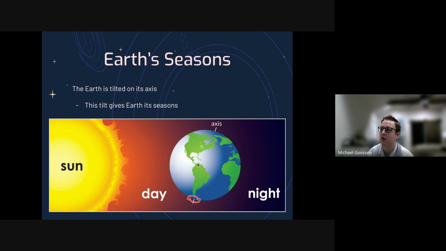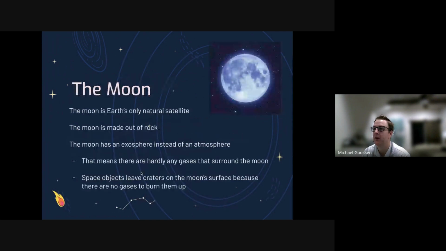But as the Earth goes around the sun, it's going to keep that tilt facing this way. So if my head is the sun and here's Earth, it goes around and now it's over here. Okay, and it's still tilted up towards the top there. Now the top is facing the sun more. So that means the top will be in summer and it'll get more daylight hours. Okay.